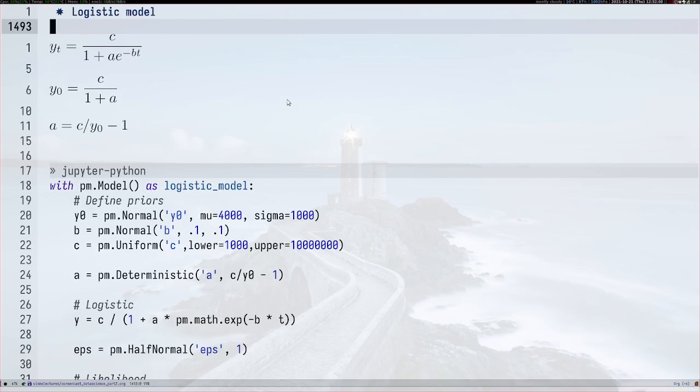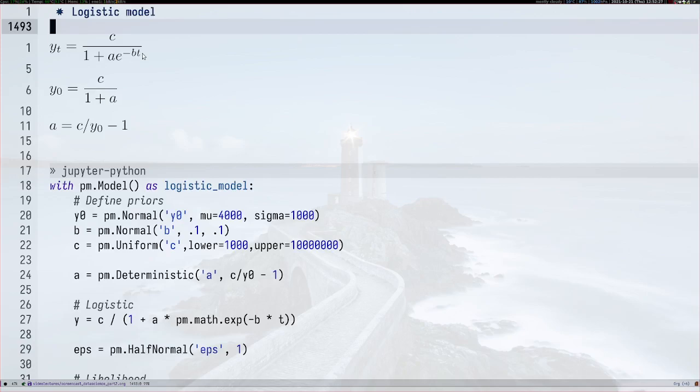So another model to try to understand the number of cases is a logistic model, and it takes this form that you can see over here. It's a constant c divided by 1 plus a times e to the power minus bt.